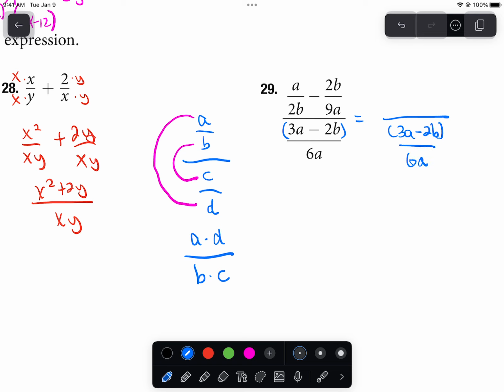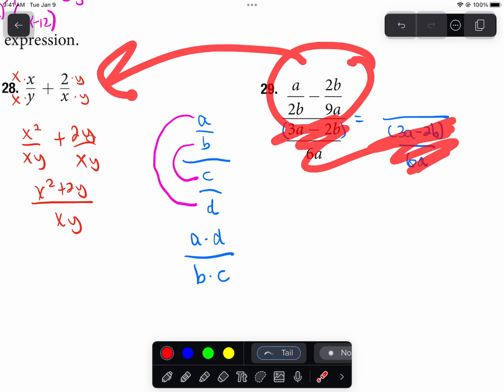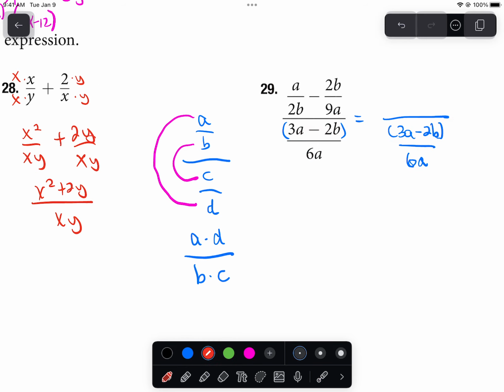There's no common factors. But the top, I do have to do a similar idea because big C over little c only works if it's a fraction over a fraction. It can't be pieces and parts. So let's do exactly what we did. We're going to ignore the bottom as if it doesn't exist. We're just focusing on this, and we're going to do exactly what we did for that.